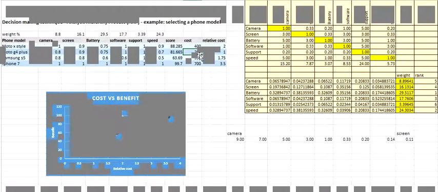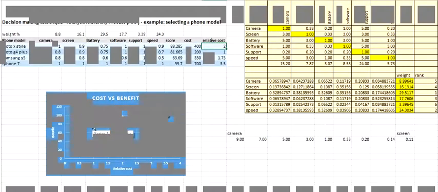So compared to that lowest value, I compared how much is the relative cost of the other phones. So I got these values 2, 1, 1.7, and 3.5. I put this relative cost in the x-axis.